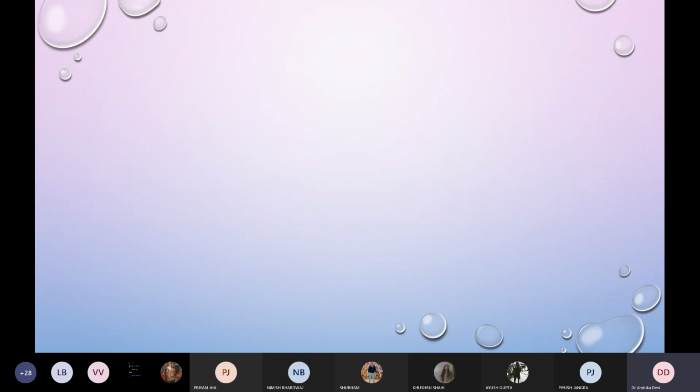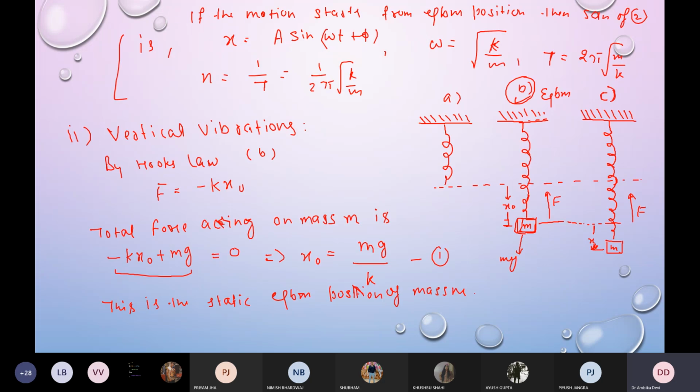We are talking about the system C, so the restoring force for C, you can say F dash, is equal to minus k times x naught plus x, right? Because earlier, when there was no force, this was minus k x naught only. Now the displacement has changed to x naught plus x.